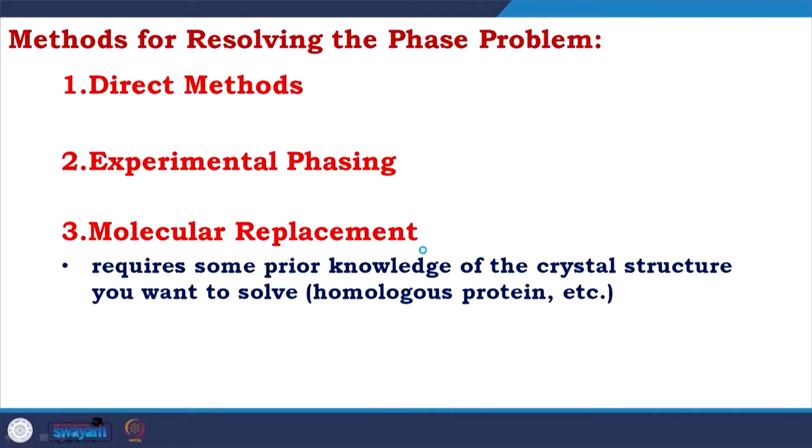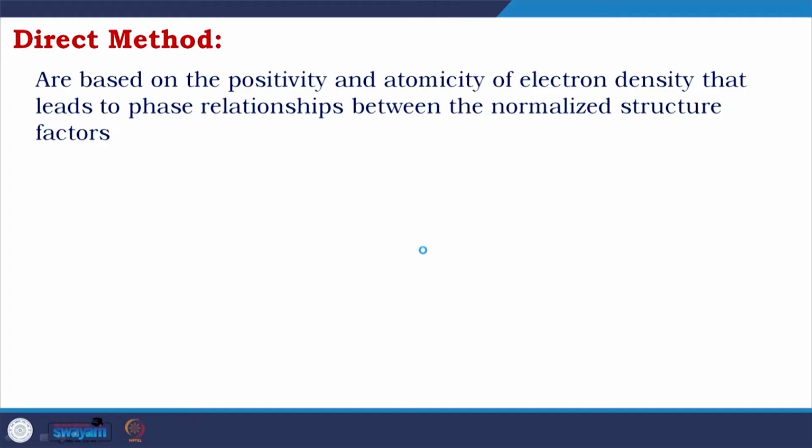We talked about the methods: the direct method, which we discussed in detail, experimental phasing using heavy metals, which we again discussed, and molecular replacement, which is our topic today. But in addition, today we will also talk about some very interesting features related to experimental phasing, especially the mathematical ones.